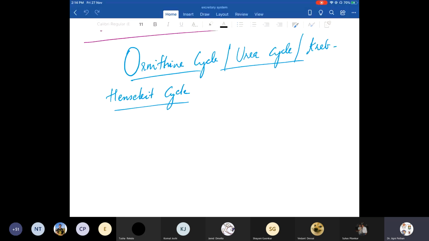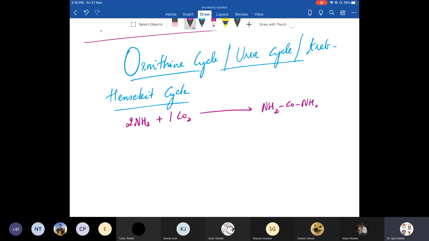Two molecules of ammonia plus one molecule of carbon dioxide will give you urea.